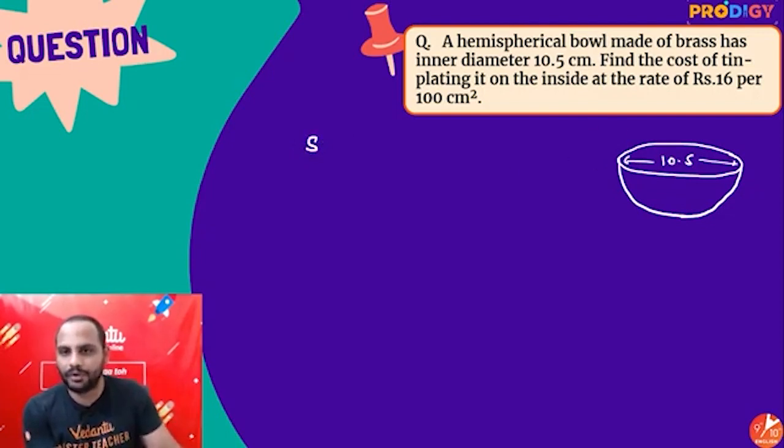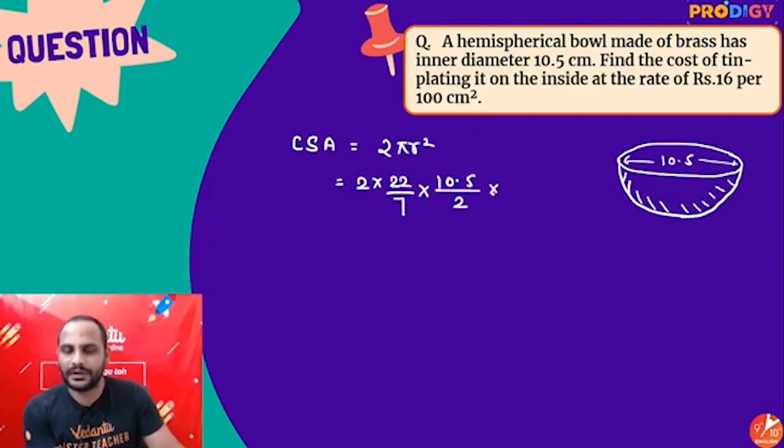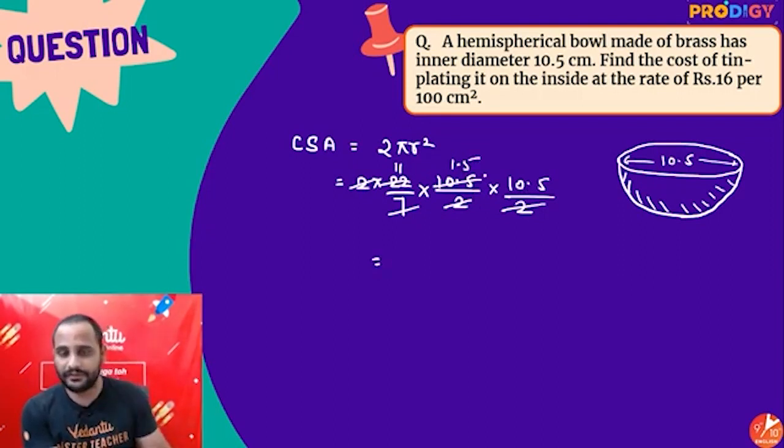Since it is a bowl, it is open from top, only the curved surface would need to be coated. So CSA we need to find out, which is equal to 2 pi r square. So 2 pi is 22 by 7. Radius will be 10.5 by 2 into 10.5 by 2. Here 2 to 2 got cancelled. Here 11 times 7 are 1.5 times. Then you'll be getting 10.5 into 1.5 into 11.